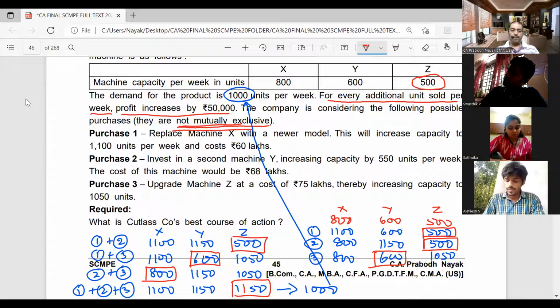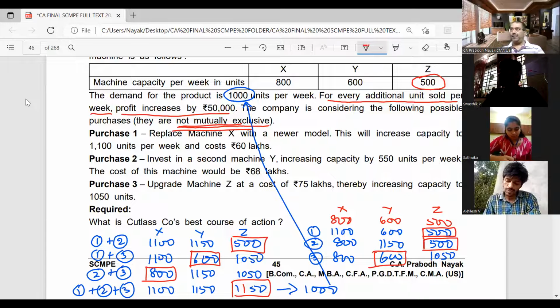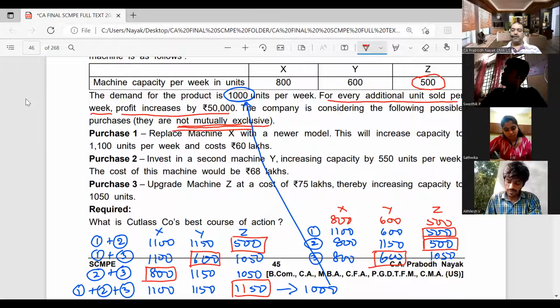Continue the same point. If machine X and Z are upgraded, then machine Y becomes a bottleneck activity, and production is restricted to 600 units.